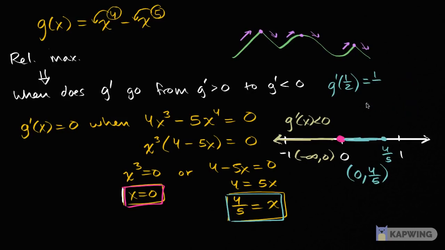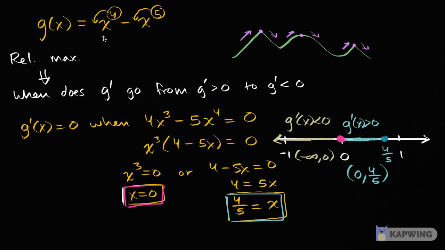So in this blue interval right over there, and let me put 4/5 in a different color so we see that it's not part of that interval, in this light blue interval between 0 and 4/5, g prime of x is greater than 0. So we know our function is increasing. And let's see what's happening to the right of this.